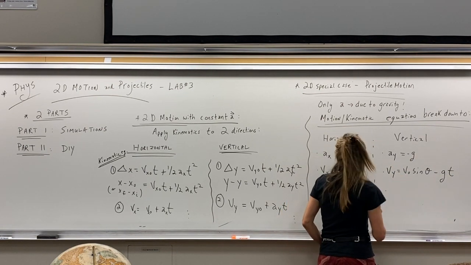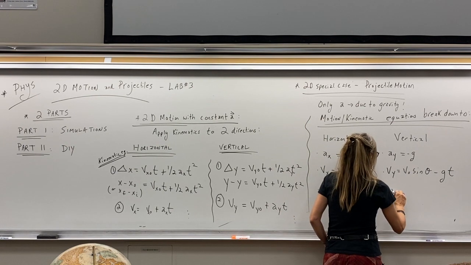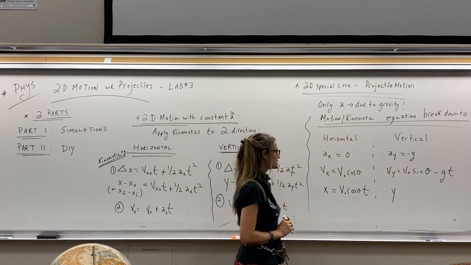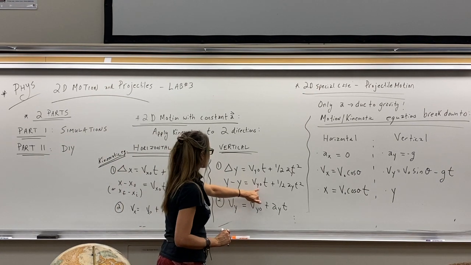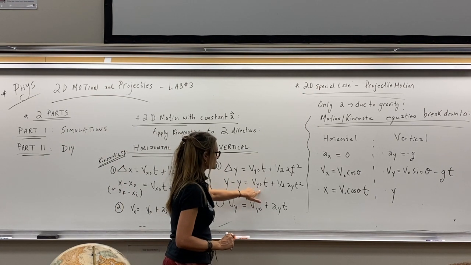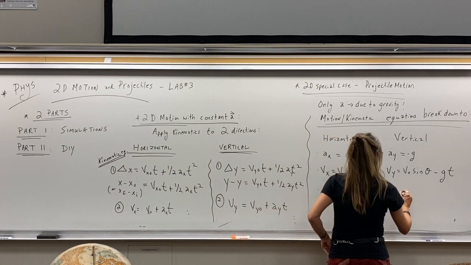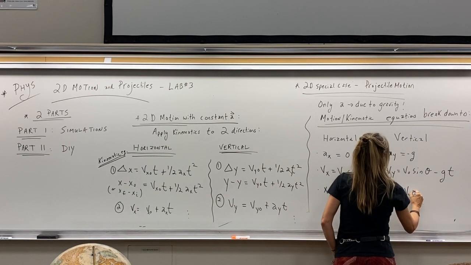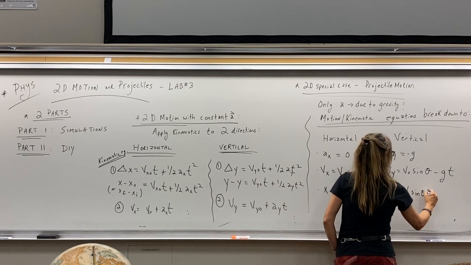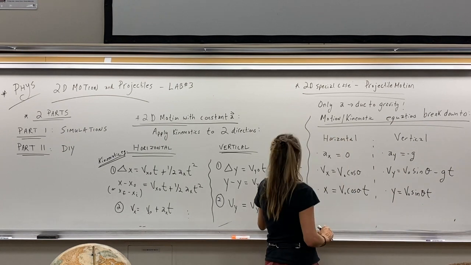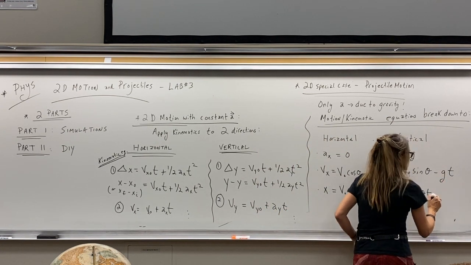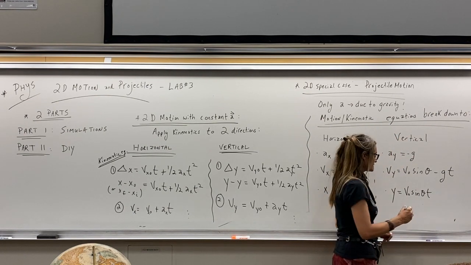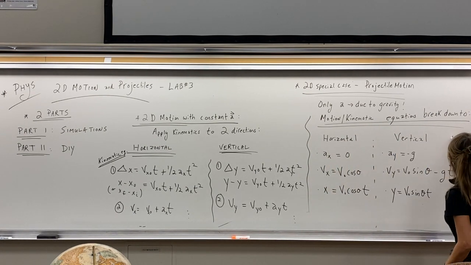And what we have also is our vertical position, which is going to be based on this kinematic equation. So we're going to have our initial velocity component, v naught sine theta t, and then plus 1/2, in this case minus, because the acceleration due to gravity is downward by my convention of positive upward, positive to the right.